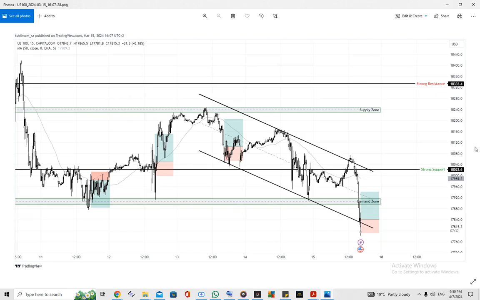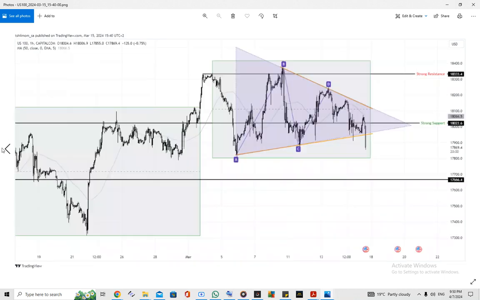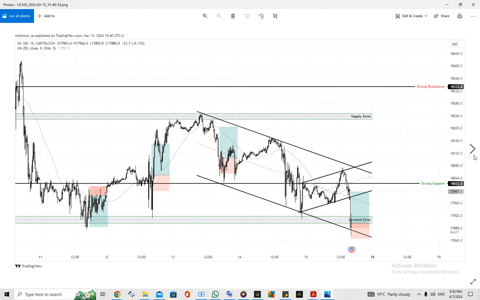But this happened so quickly that I thought I can have a second go at this setup by trying to catch a reversal of price, because usually, after the market open, you will see these big moves, then another small move, maybe to the upside, before continuing to the downside. So I was looking for that because we still have this descending channel, right?